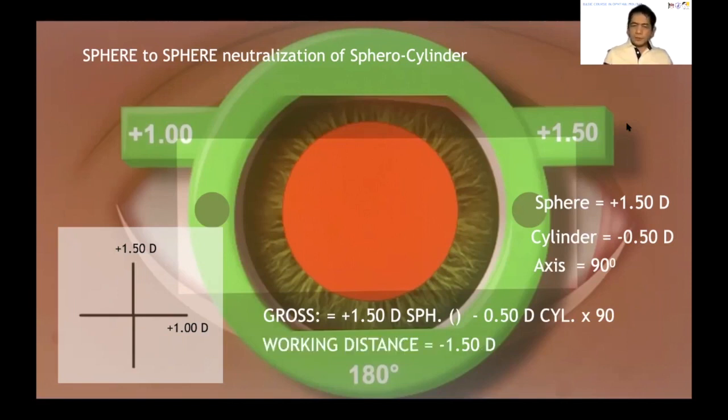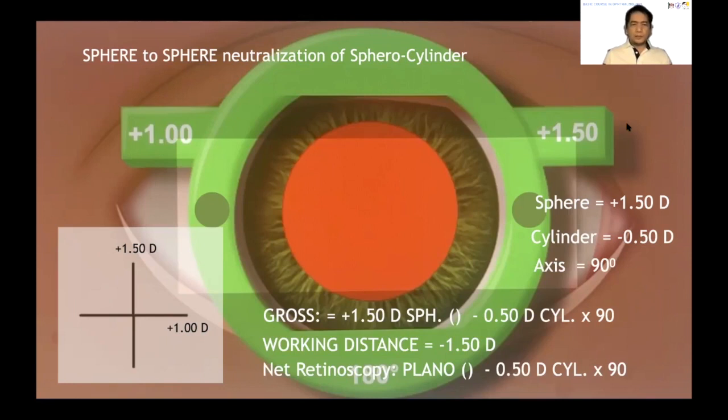Then my working distance here is minus 1.50 diopters. So my net retinoscopy now is plano combined with minus 0.50 diopter cylinder at axis 90. So that's the sphere to sphere technique.